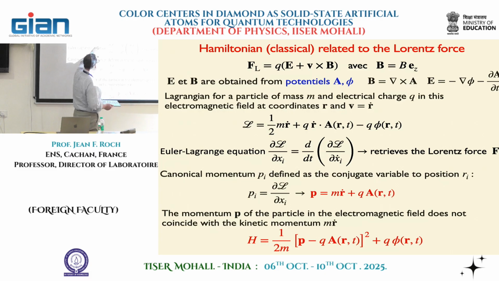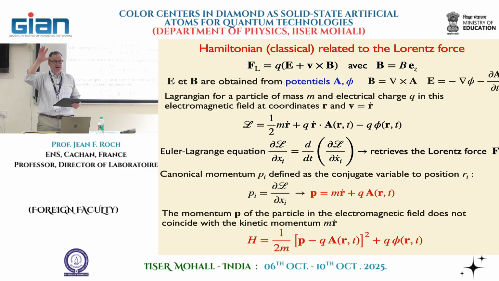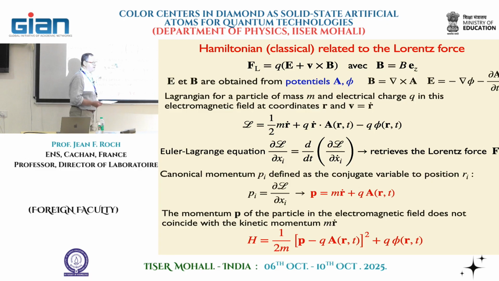And this is just due to the fact that you need to retrieve the Lorentz force. So you start from the Lorentz force and you construct the Hamiltonian in a way that it will recover the Lorentz force. And you identify like that the conjugate variables.